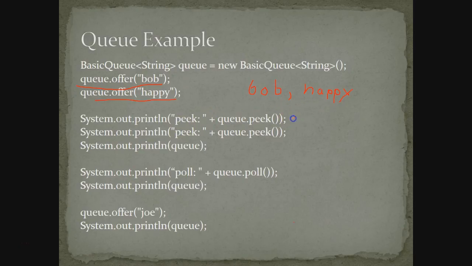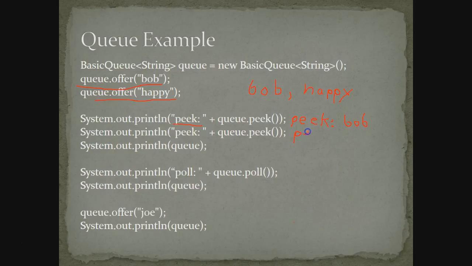If we did a peek, we'd get the text peek because it's part of my system.out.print. Alright, so we're peeking. So we say peek, and then we do q.peek, which will get as a result Bob. Now it doesn't actually remove Bob from the list, so it says peek Bob.